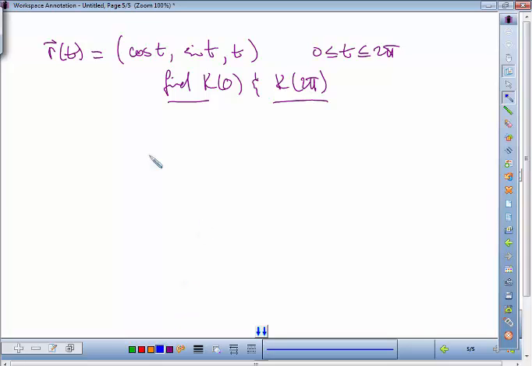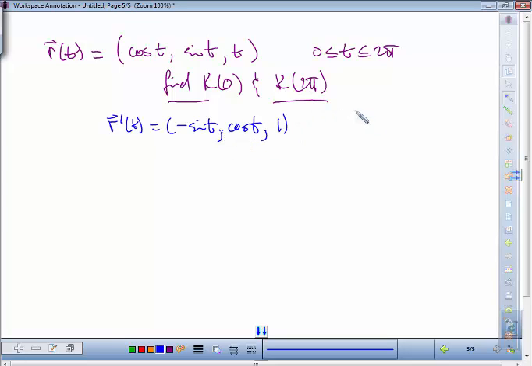So the kappa function requires us to find the derivative. We got the derivative already. It wants us to find the magnitude.